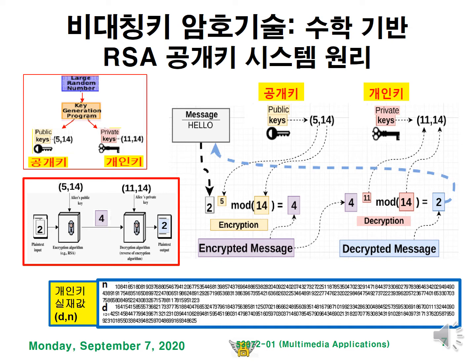Mathematically, for a very large random number, the key generation program produces two different keys, a public key and a private key.